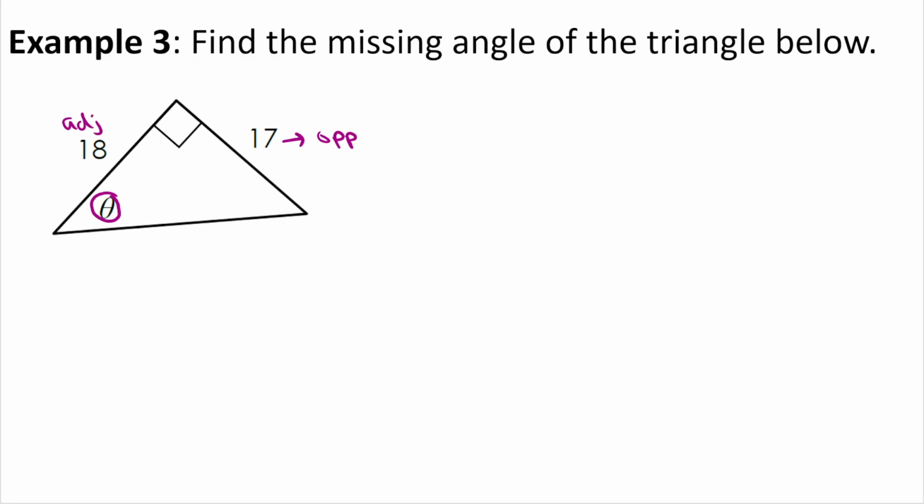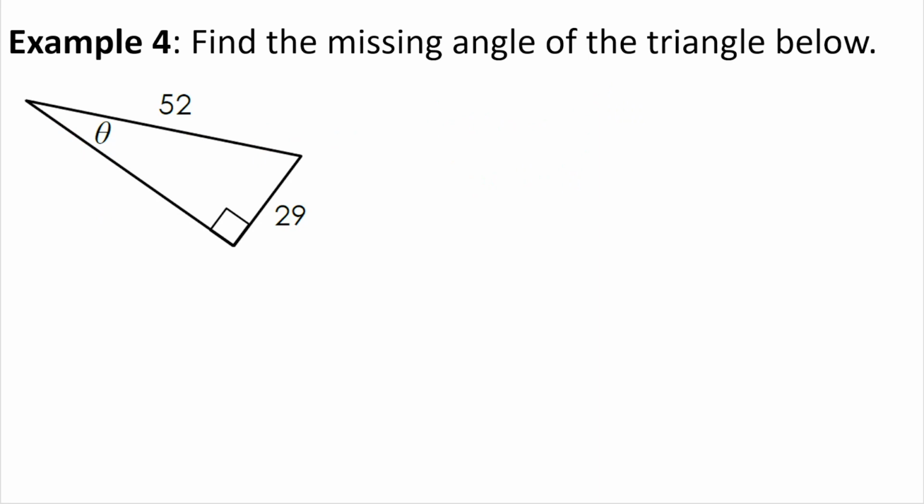There's no need for the hypotenuse here. Since it's opposite over adjacent, I'm going to use the inverse tangent. So theta equals inverse tangent of 17 over 18. And if I plug it into my calculator, I get theta is equal to 43.4 degrees. Likewise with side lengths, I like to put my degrees in 1 decimal place as well.